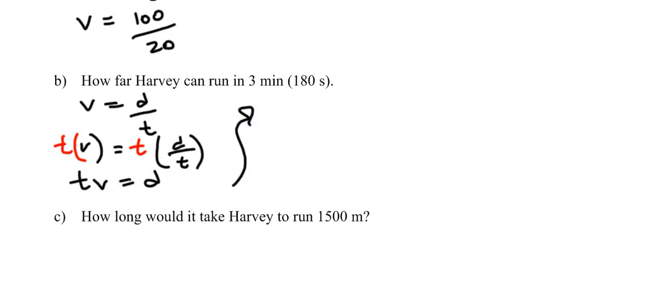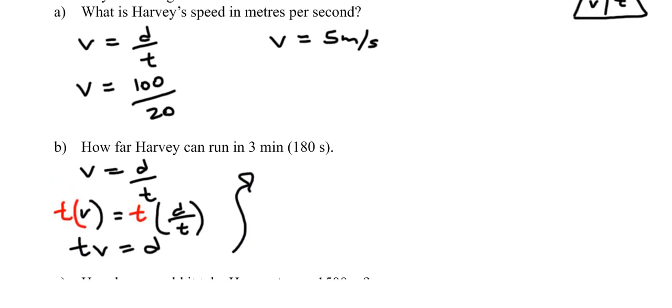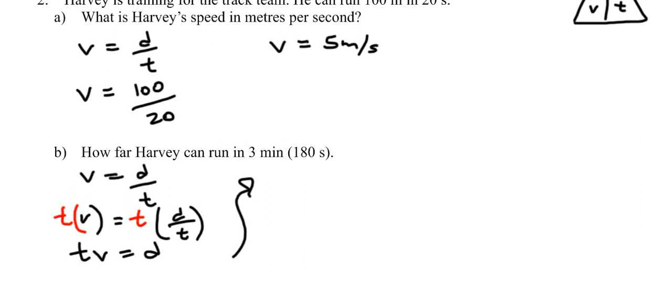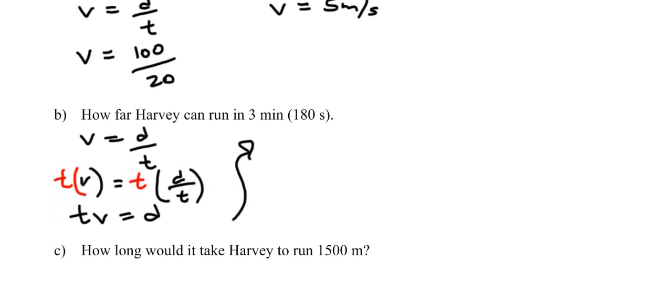And if we go back and just double check on our little triangle up here, if I look at D and I put my marker on D, D is equal to V times T. And V times T is the same as T times V.